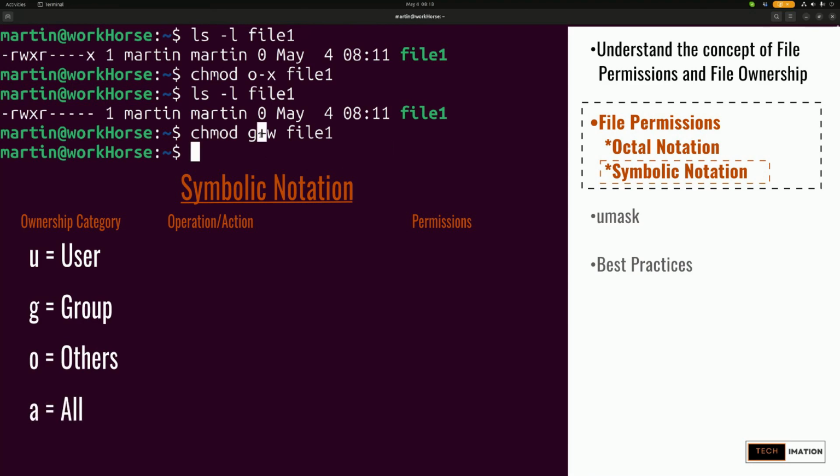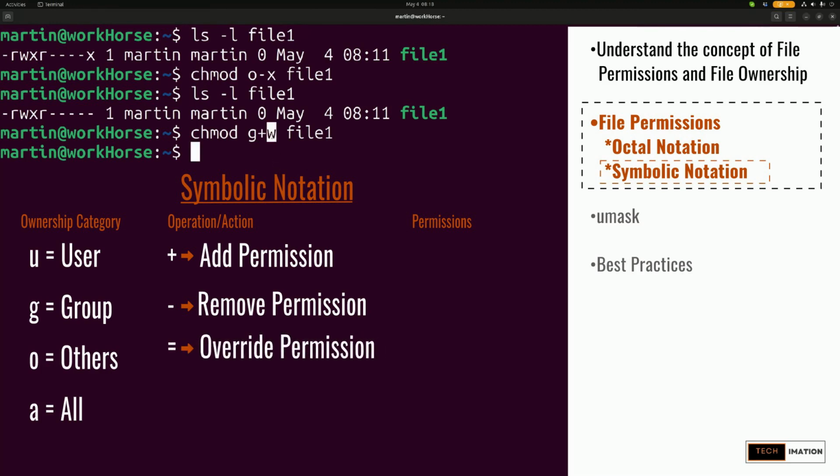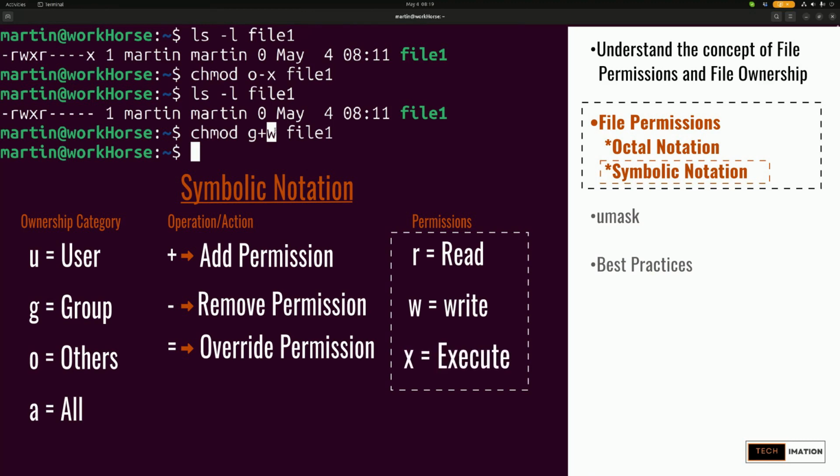All right. Now let's look at this second part here. The plus here. Plus means add the permission. Minus means take away the permission. Right? Logical. Then the next part. This W here stands for write. So the options there could be any of the permissions. It could be read, in which case it would be an R. It could be W for write, and it could be X for execute.